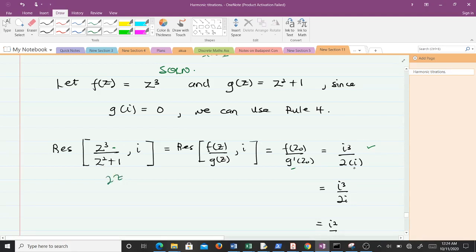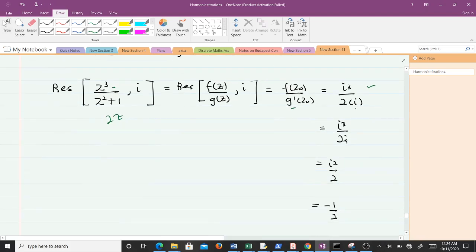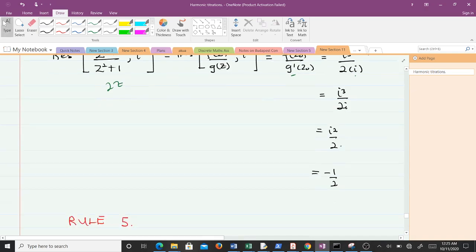So when you put in the i, then you get 2i. So this is going to give us i cubed over 2i. The i can cancel one of the 3 i's in the numerator, and we get i squared over 2. And note that i squared is the same as -1. So this gives us -1 over 2. So that's it for rule 4.